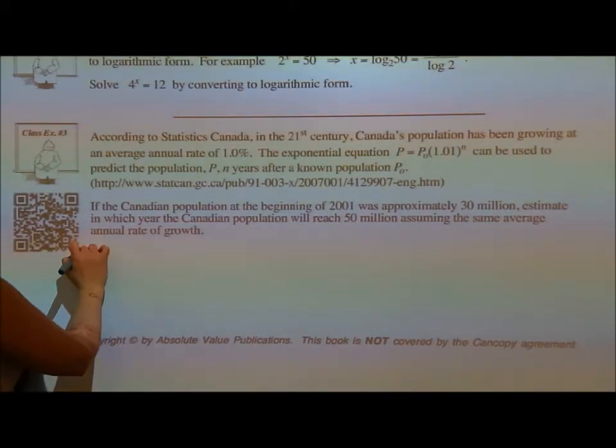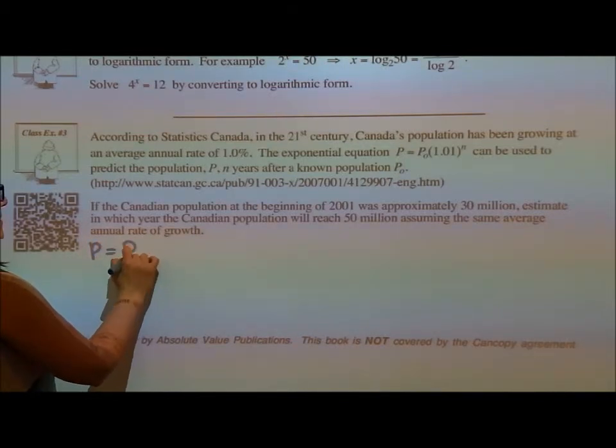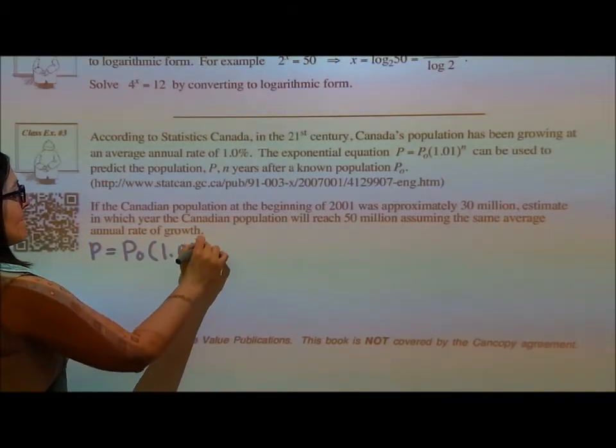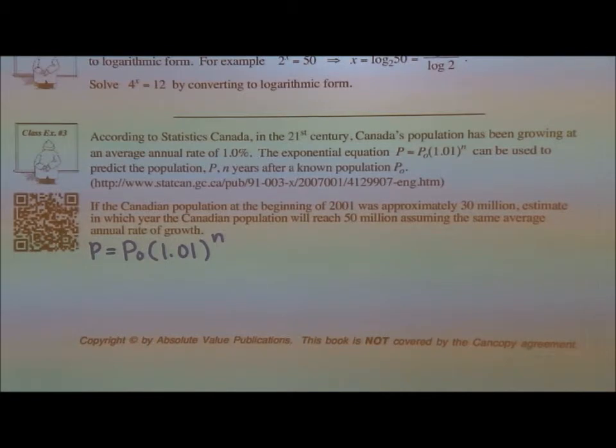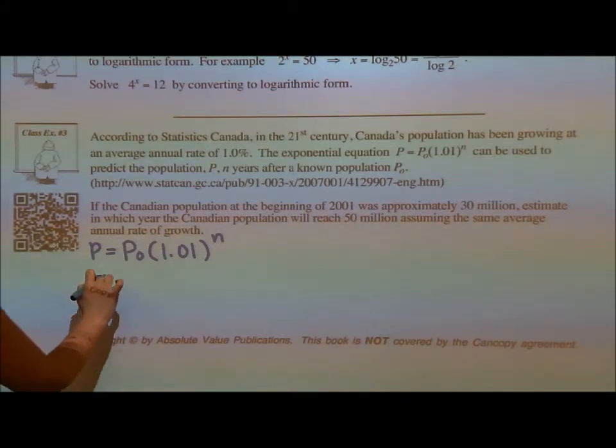So if I start off with my formula, what would my variables be? So in other words, do I know the initial population? What I'm starting out with? 30 million. So that's P of 0.